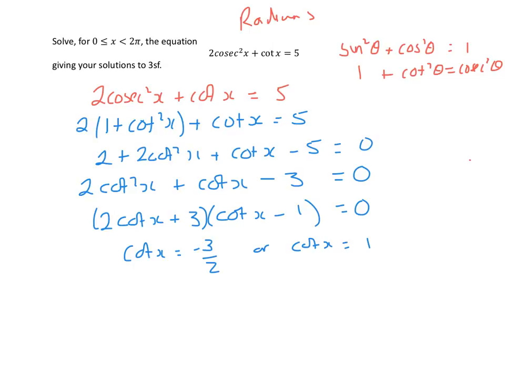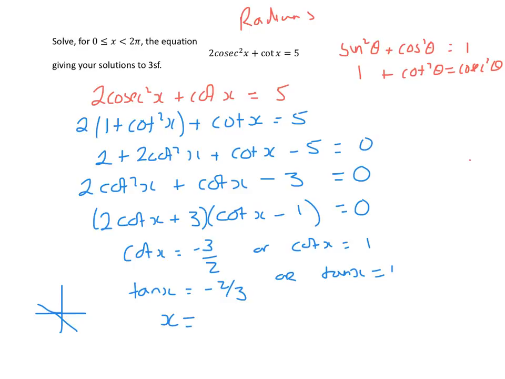So cot x is 1 over tan x, so reciprocating both will give me tan x equals minus 2/3, or tan x is equal to 1. And solving for x within the given range, in the first one we know that tan is negative in these two quadrants.